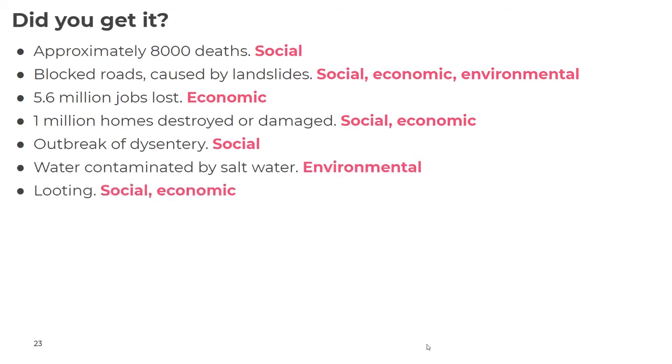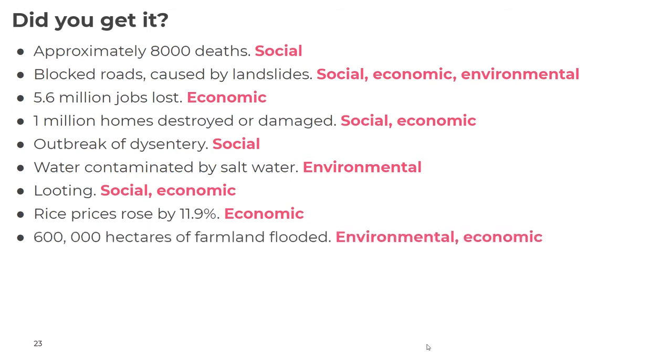Looting, social, because it increases the crime rate, but also economic, because it means that people may lose money on things that are taken away from the area that they've been removed from. Rice prices rose by 11.9%, economic. 600,000 hectares of farmland flooded, environmental, but also economic, because people will lose money from those crops that have been destroyed.